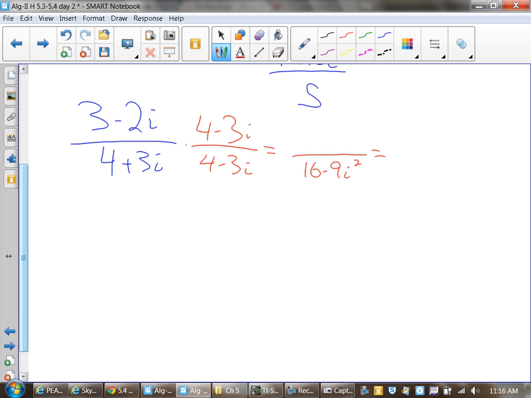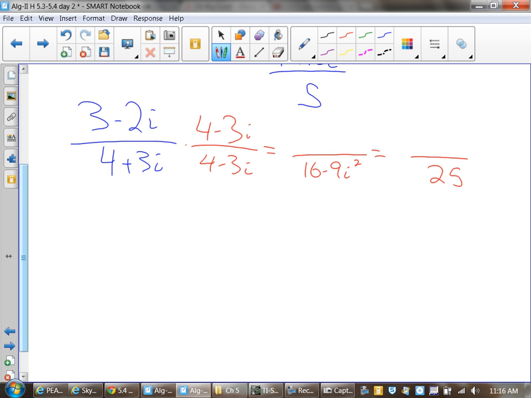So it's 16 plus 9, which is 25. Everybody okay with that? 16 minus 9 times negative 1, 16 plus 9.